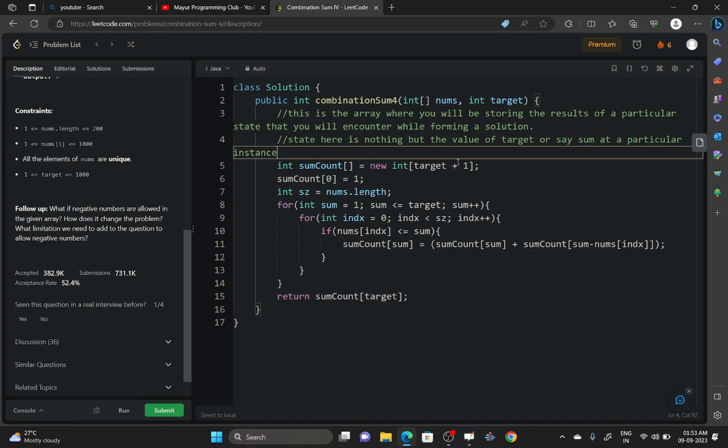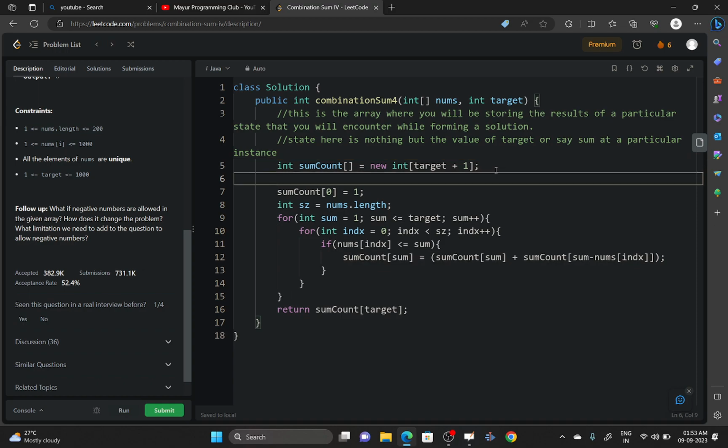So initially, for the sum value, or say target value, equal to 0, there will be one possible combination.